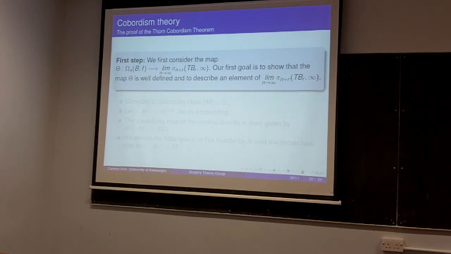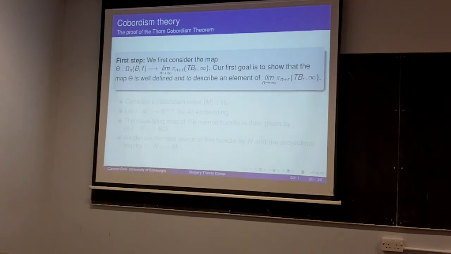And to show that this homomorphism is an isomorphism, we only need to show that it is surjective and also injective. Those are going to be steps 3 and 4 in the proof.